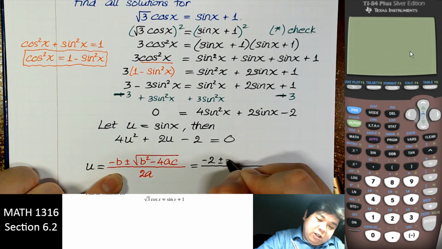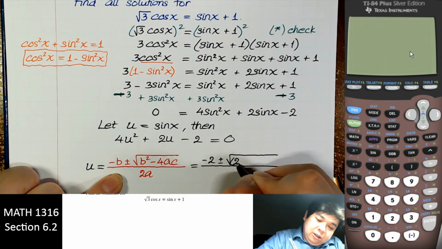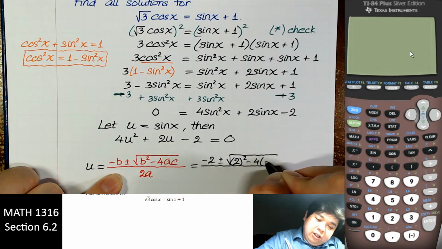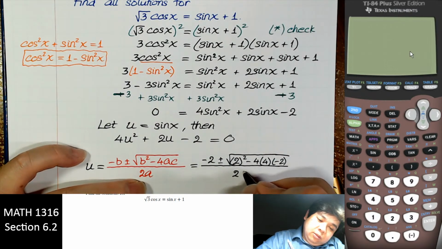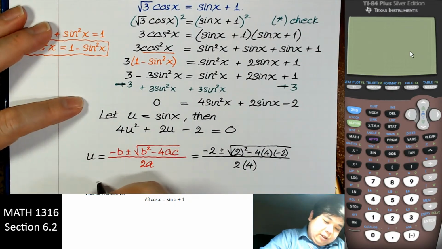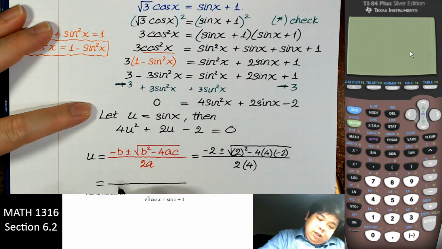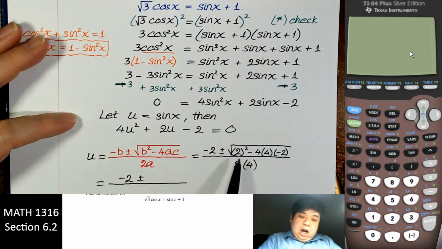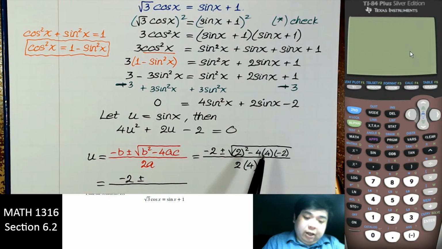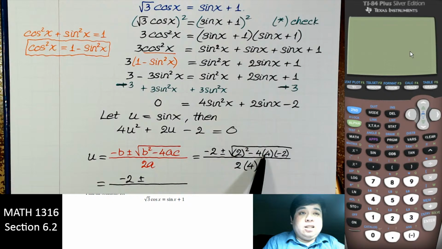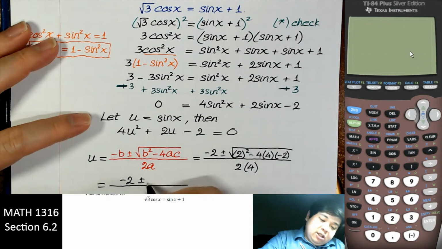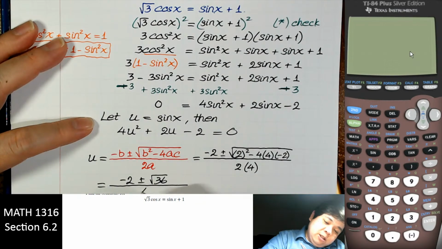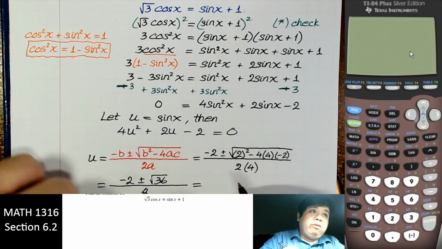Negative 2 plus or minus the square root of 2 square minus 4 a c, times 4. Negative 2 plus or minus, 2 square is 4, minus 4 times 4 times negative 2, which is 32, so 4 plus 32 is 36. And 2 times 4 is 8.